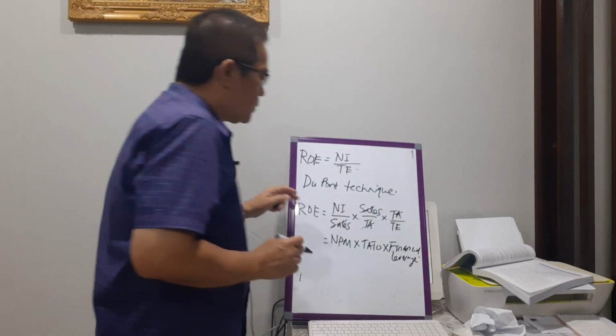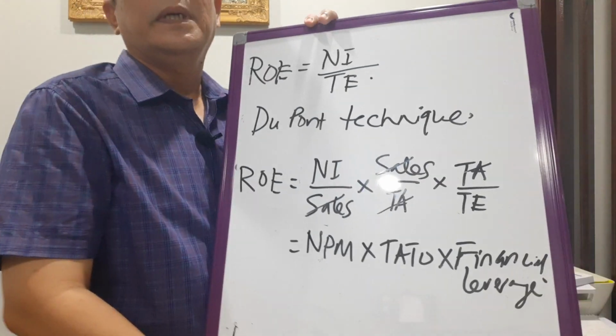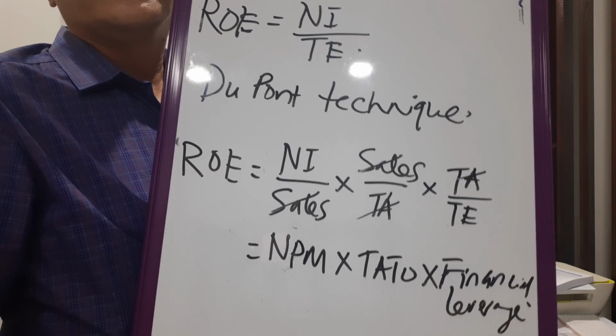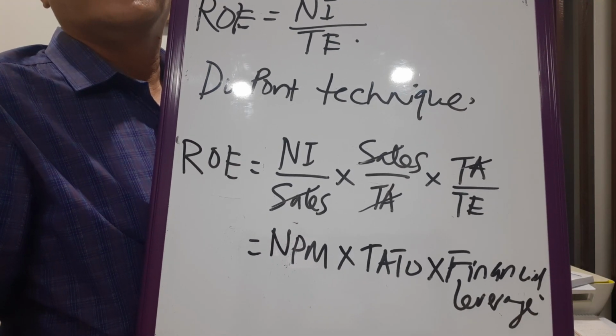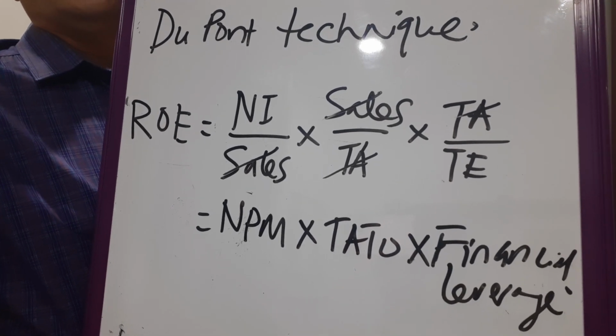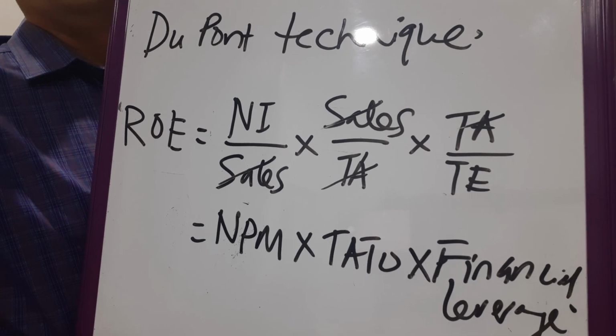Let me repeat again. ROE is equal to net income over sales multiplied by sales over total assets multiplied by total assets over total equity. Net income over sales is also known as net profit margin.